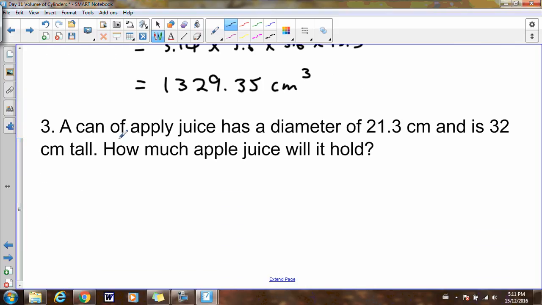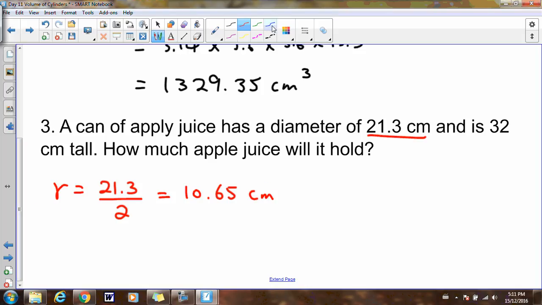Next one is this. It's talking about a can of apple juice. It has a diameter of 21.3 centimeters, and we're going to look at the radius of this. We need to first find the radius of this can, which is 21.3 divided by 2, right? So if you do that, you're going to get 10.65 centimeters.